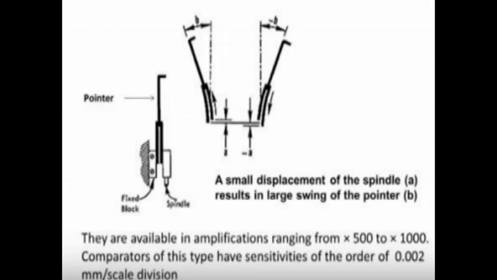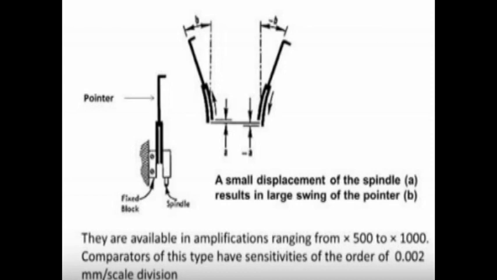If the height is smaller than the desired height, then the swing will be in this direction, and then you can note down the reading. These comparators are available in amplifications ranging from 500 to 1000. The comparators of this type have sensitivities of the order of 0.002 mm per scale division.